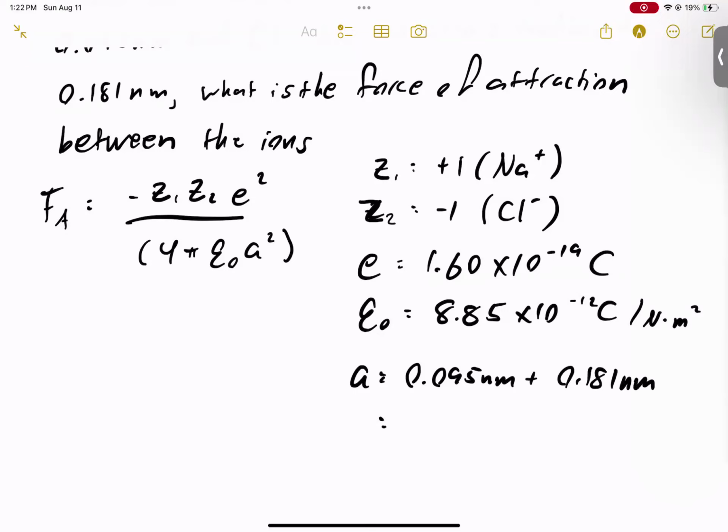I'm going to convert it to meters because, if you look at epsilon over here, the unit is in meters, so it's better to keep everything within the same units.